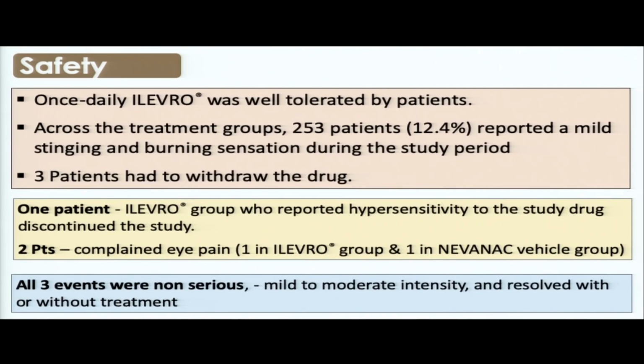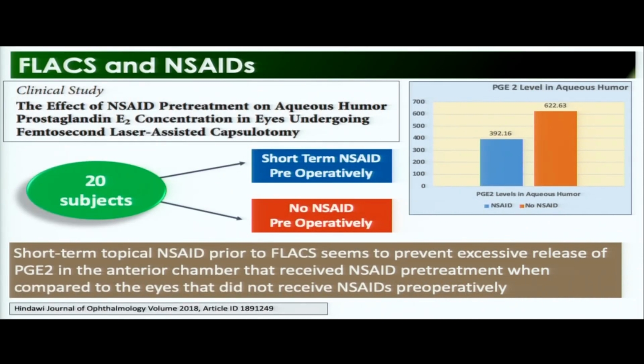Safety: it is highly safe, and across the treatment they have huge data, and only 3 patients had a problem. 1 patient had hypersensitivity due to Nepafenac itself, and the other 2 patients with vehicle complained. And all 3 actually had non-serious side effects.